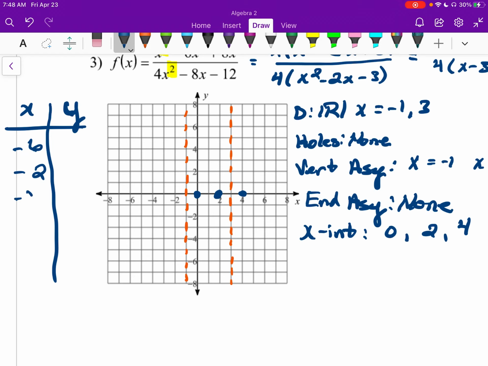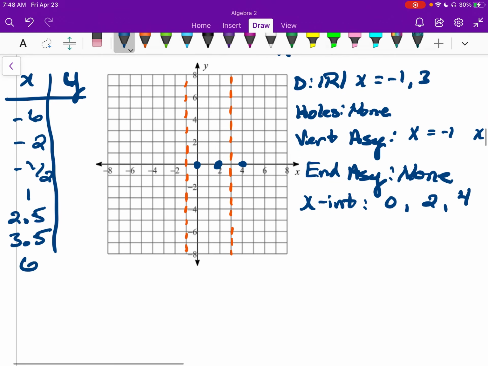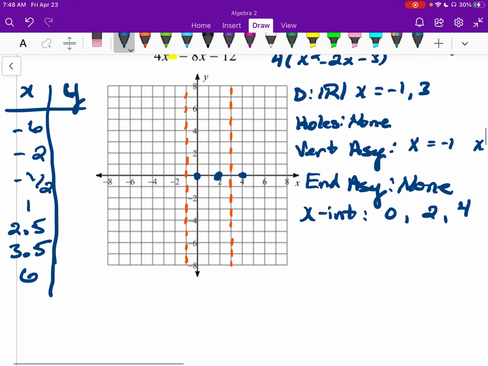And then we'll plug in -0.5, 1, 2.5, 3.5, and 6. Now again, I grabbed 2 from the left side there, 1 from right in there, 1 from in there, 1 from in there, 1 from in there, and 1 from right there.